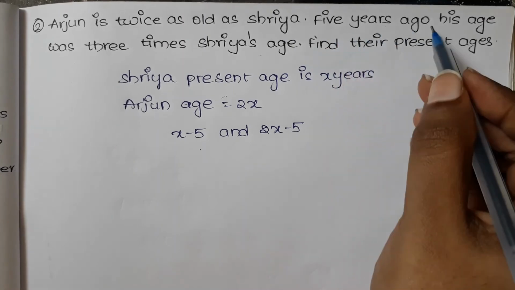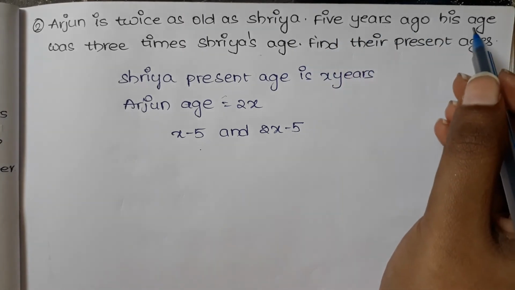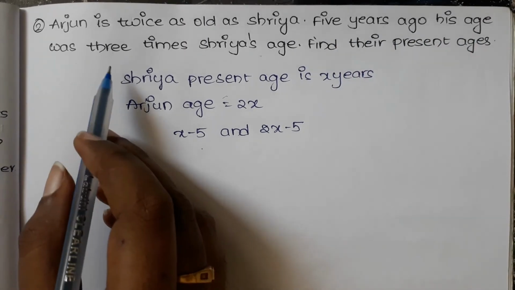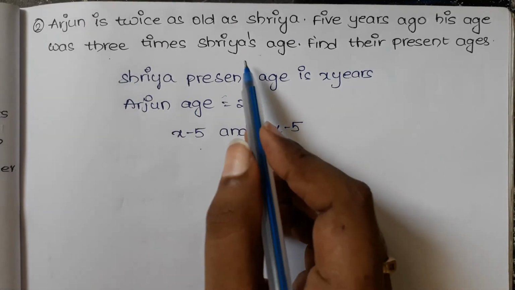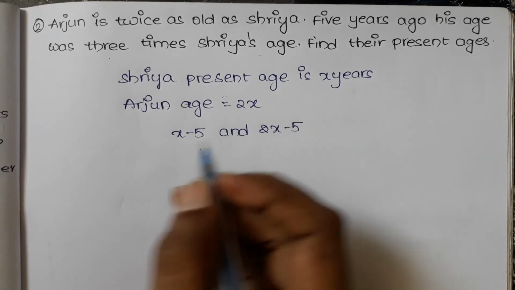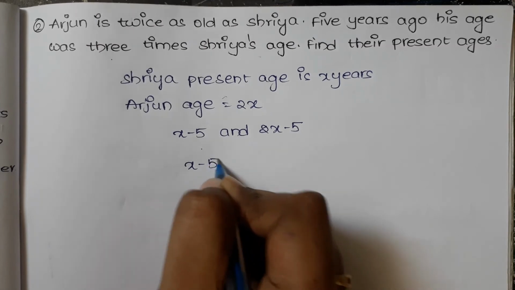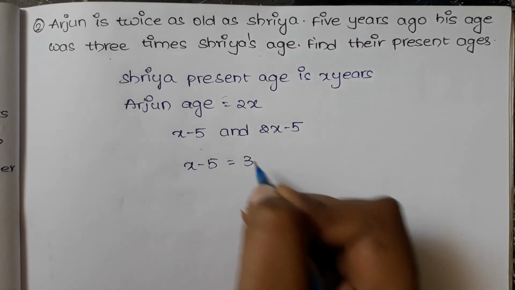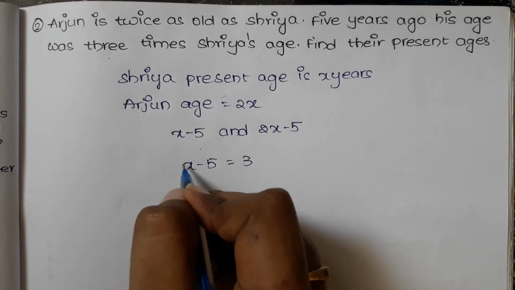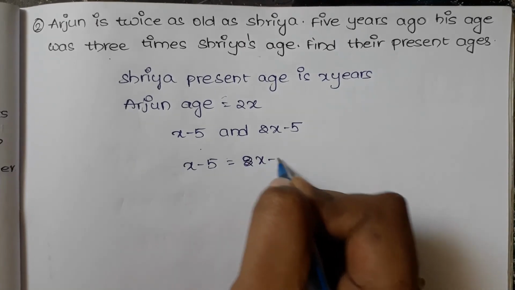They have given that 5 years ago Arjun's age was 3 times Shriya's age. According to this, 3 times x minus 5 equals 2x minus 5.